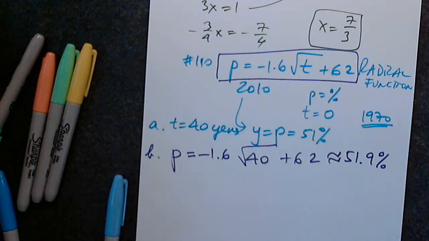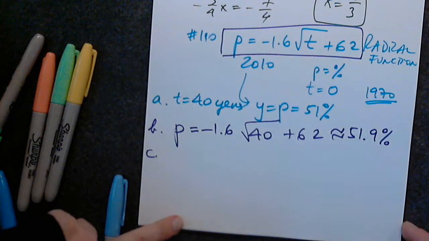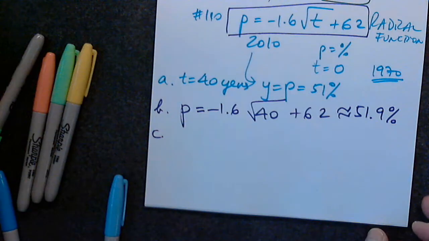That's part C now. According to the formula, when will 49% of the jobs in the U.S. labor force be held by men? What type of question is this? What are we given? What are we asked to do? So now we are given 49%.